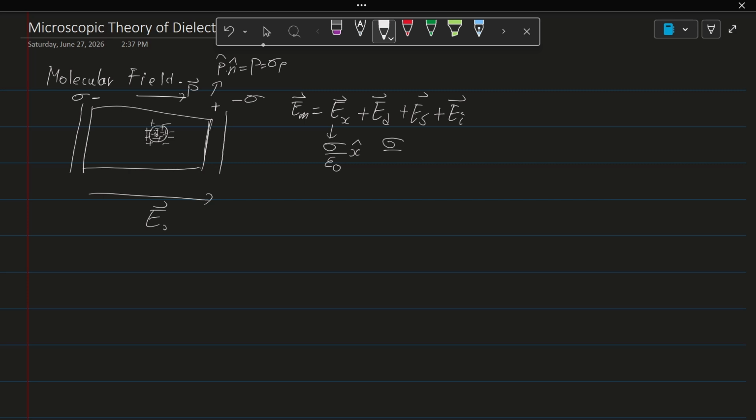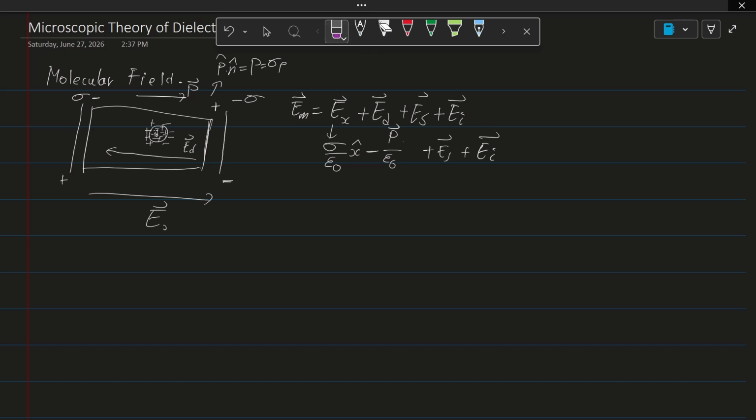So it's sigma over epsilon 0, but the direction is actually negative. I forgot to mention that this is the positive terminal, this is the negative terminal. So in here, there would be the ED vector in this direction, right? So it's the x hat, and then we'll have the ES vector and the EI vector, which we'll compute later on. Sorry, this should be the P vector. So we can just simplify it as something like this instead.